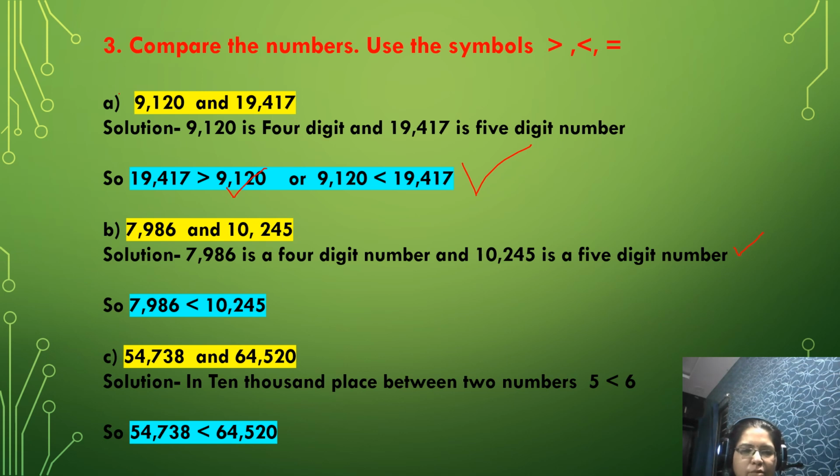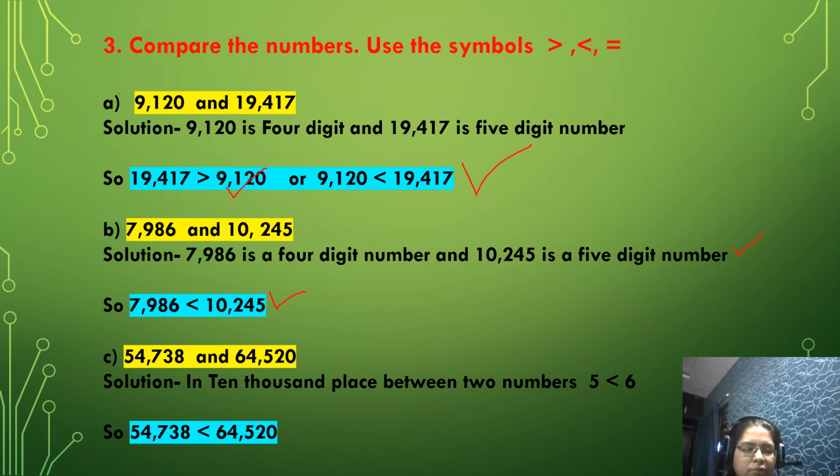That is, the number with more digits will be greater than the number with fewer digits. So 7,986 is less than 10,245.